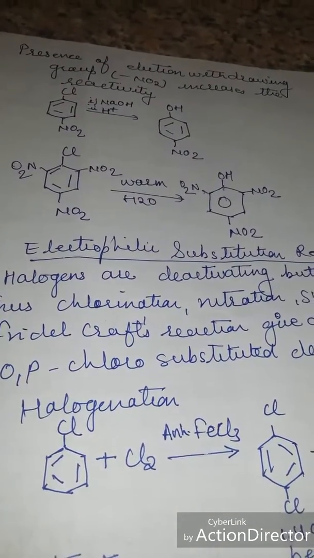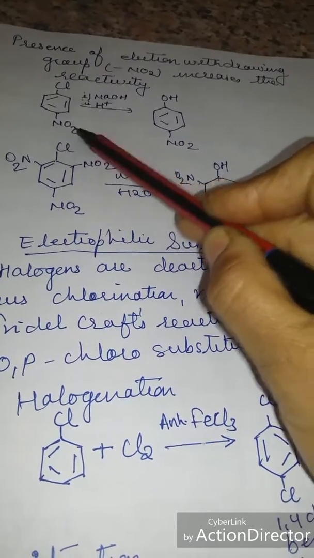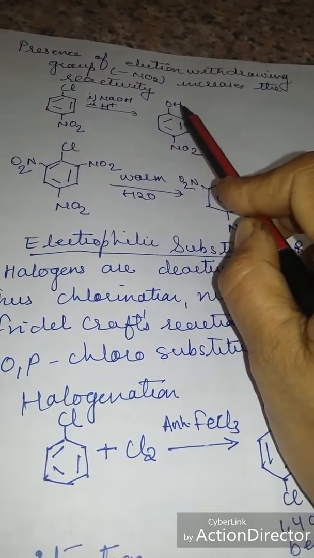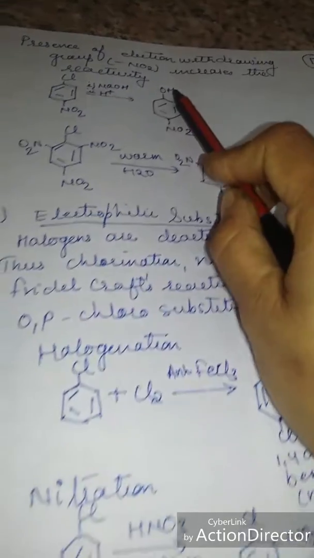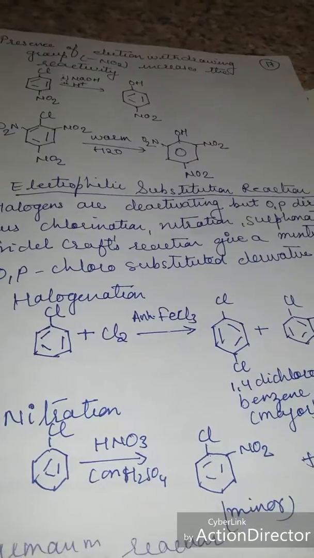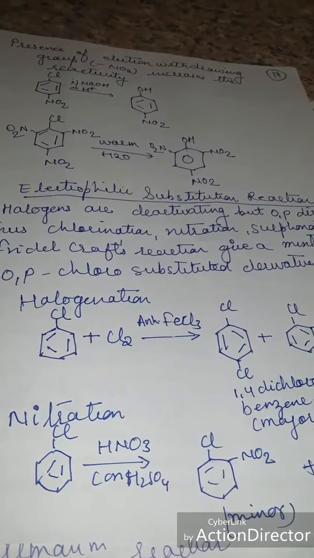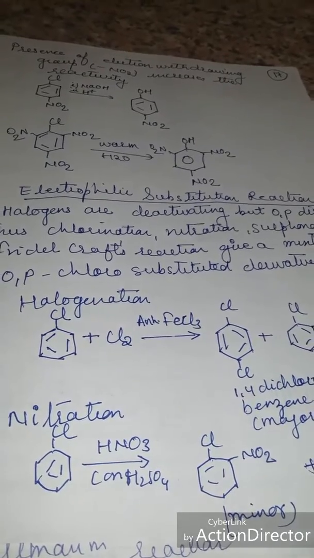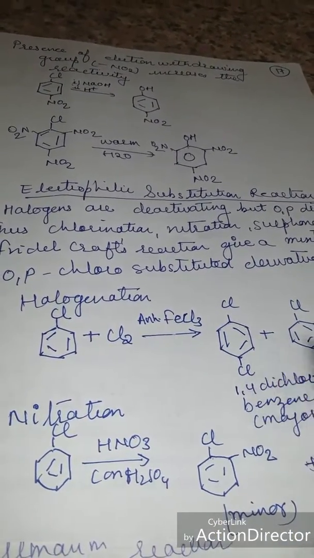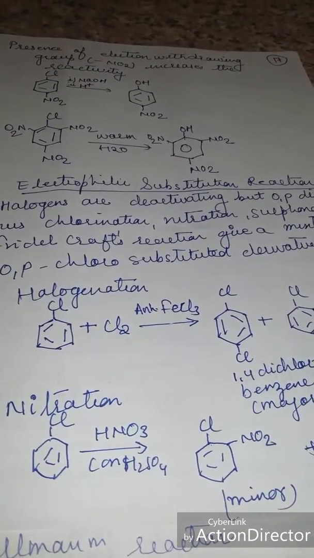You can see here, presence of electron withdrawing group increases the reactivity. So substitution is occurring easily. When we talk about electrophilic substitution reactions, whether it is chlorination, nitration, sulfonation, Friedel-Crafts reaction, you will be getting ortho and para substituents. In chlorination, you are getting ortho and para; one will be the major product, the other the minor product.